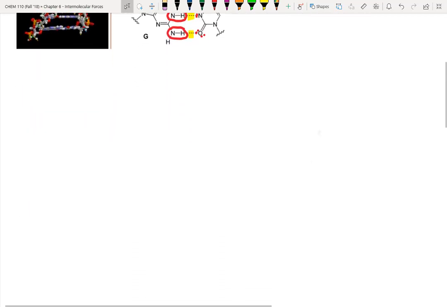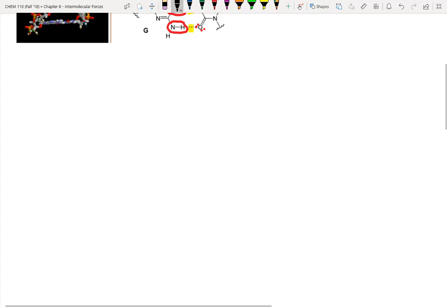Another one's also related to biology. H bonding holds proteins together. Specifically, it helps them to fold into correct shapes and structures.